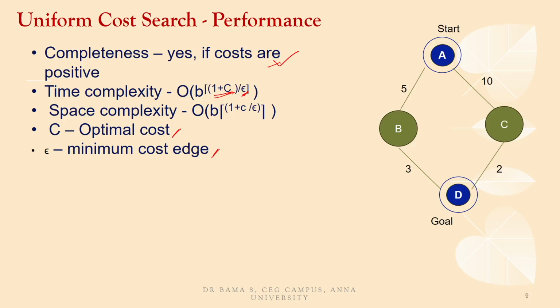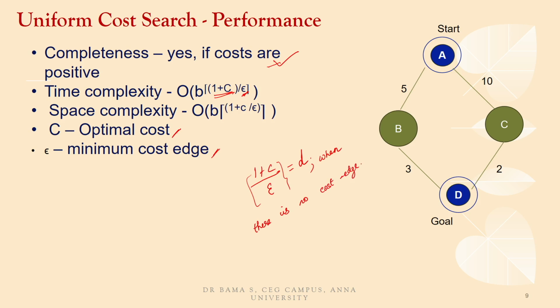Now, a quick question is, when will 1 plus C divided by epsilon be equal to D? This is equal to D when there is no cost within the edges.